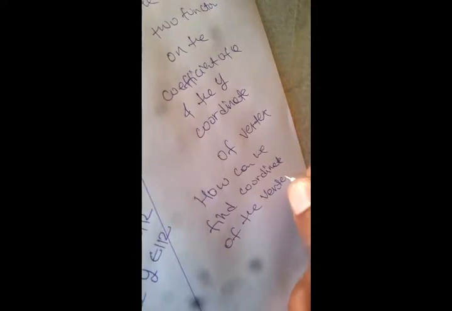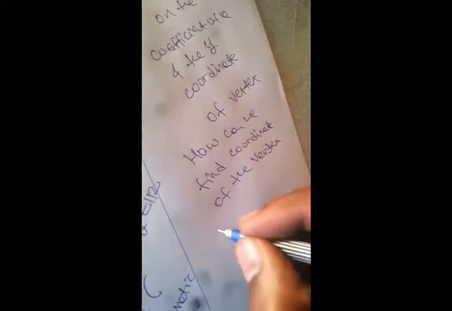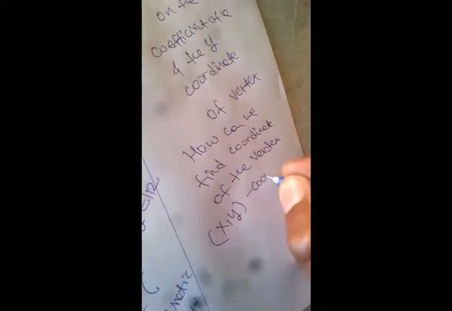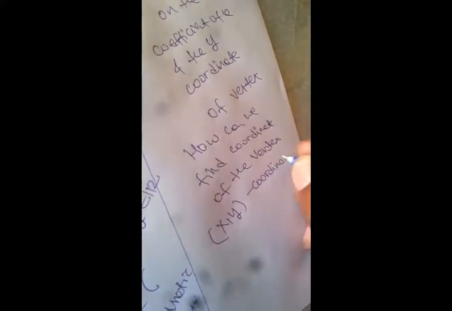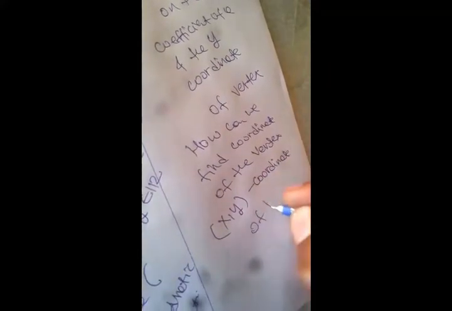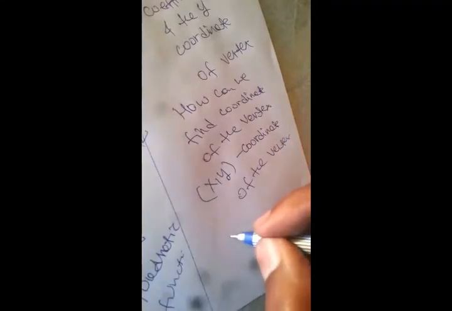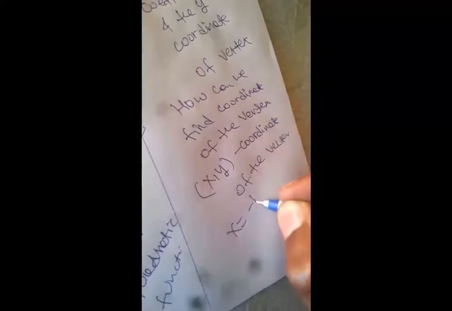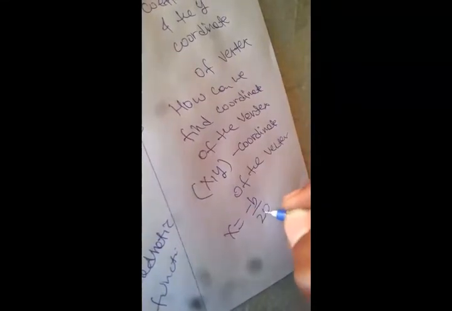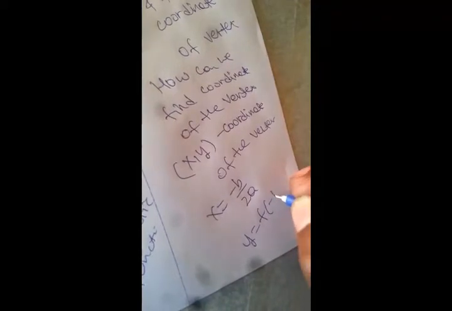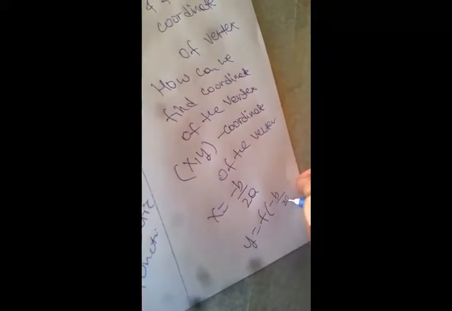We have the general formula. Let's say the x, y coordinate of the vertex. In order to find x, we have a general formula of minus b over 2a, and for y we have a general formula of f of minus b over 2a.